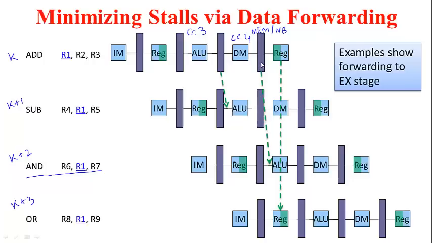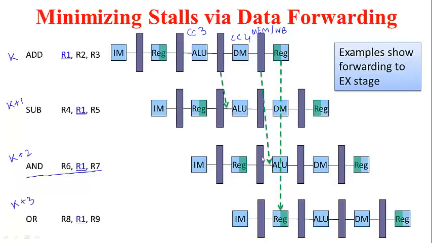This value is available in this MEM write back latch, ready to be written to this register file. It's just that it has not yet been written. But the fact that it has not yet been written should not affect what we want to do. We want to get this value of R1. So we forward this data from this latch to this location where it is needed.